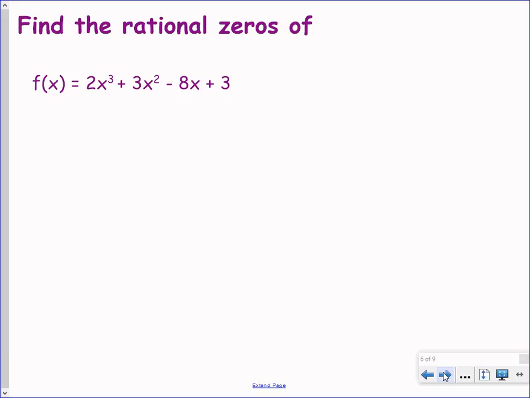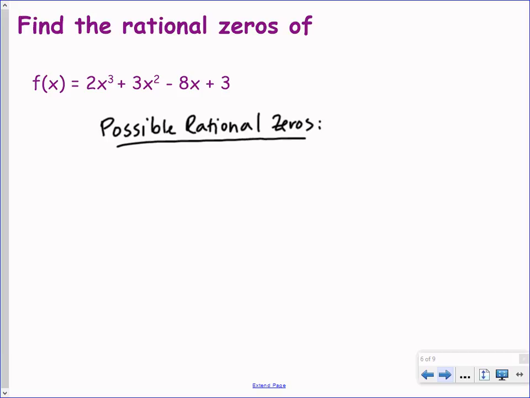So we usually start with a list of possible rational zeros. You make this list using that rational zero test from the last slide. So we need the p's and the q's. What are factors of your constant term? 1 and 3. These are going to be your p's. And factors of your leading coefficient, 1 and 2.